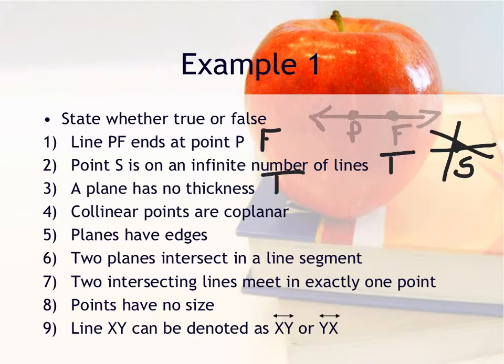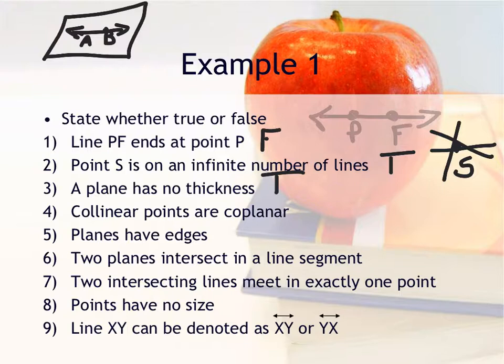All right, next we're going to say collinear points are coplanar. True or false? True. If I draw a plane, and I put some points on here that are collinear, say A and B, they're also coplanar. What about the other way around?